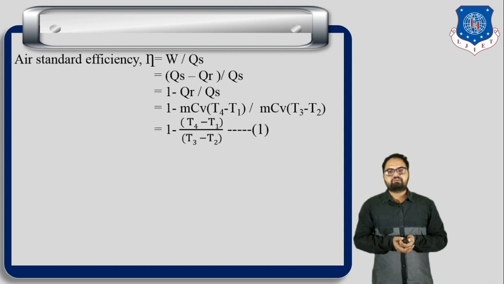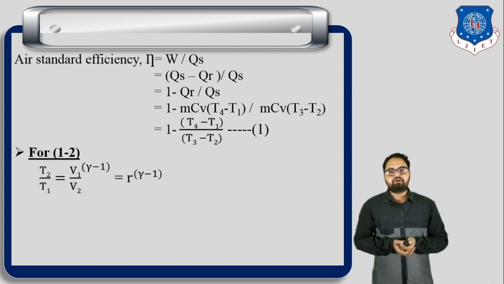So the final equation will be 1 minus (T4 minus T1) divided by (T3 minus T2). Now to solve this equation, we must have the values of T1, T2, T3 and T4. So we will find the values of T1, T2, T3 and T4.